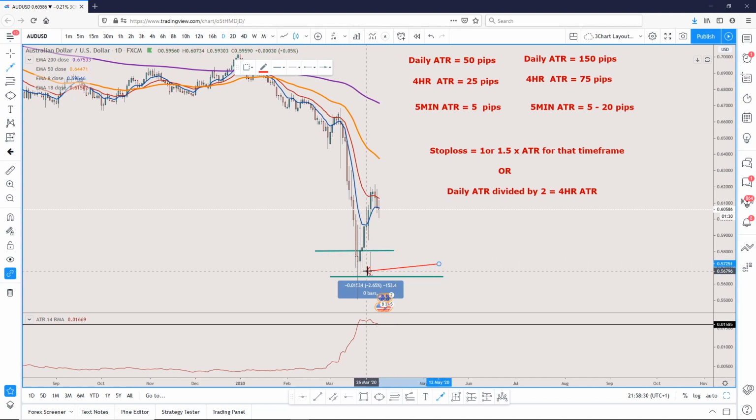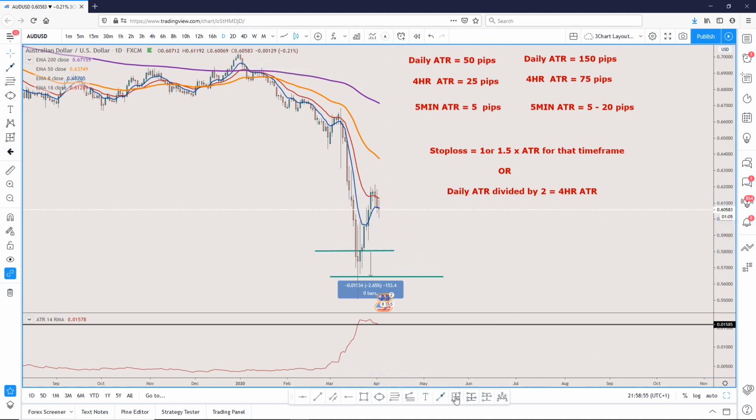See this wick that came back? It wouldn't have caught your stop loss. See that? That's how you use ATR. Because the average true range right now is 158 and you used close to the rule of 1 or 1.5 times ATR, you would have been safe. The wicks did not touch your stop loss and you would have been in profit.